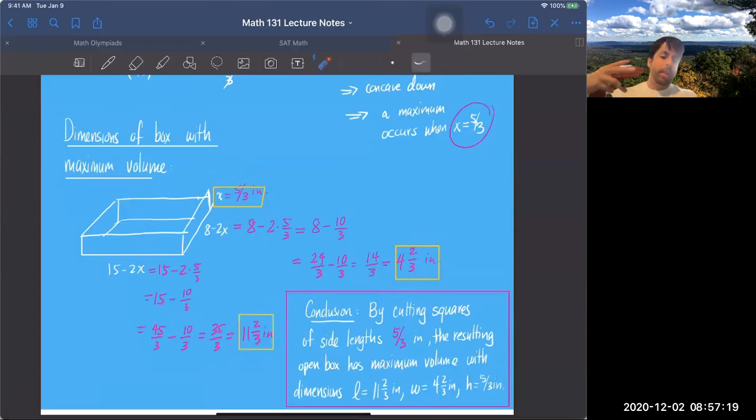If I were to cut the squares any other length, say 1 inch, or instead 3 inches, the resulting box would not be maximum volume. It would still have a volume. It just won't be the maximum.